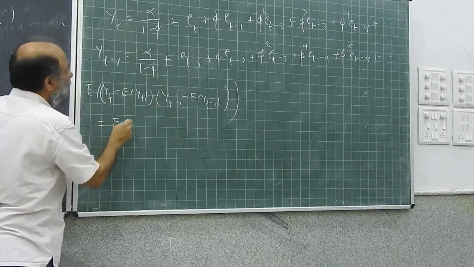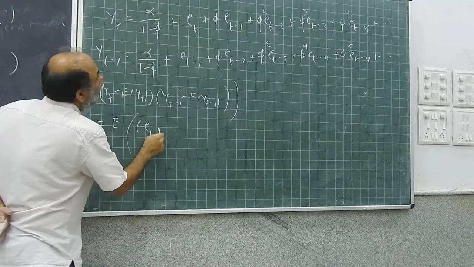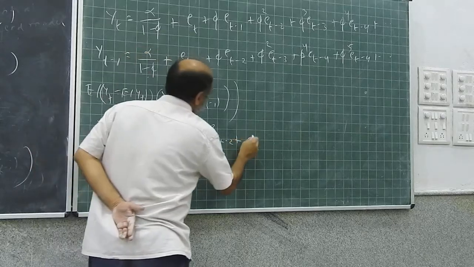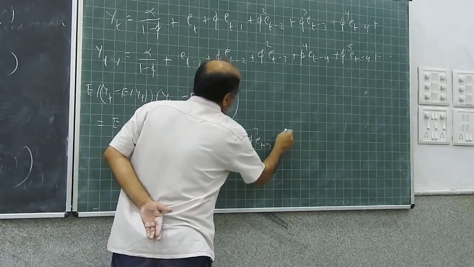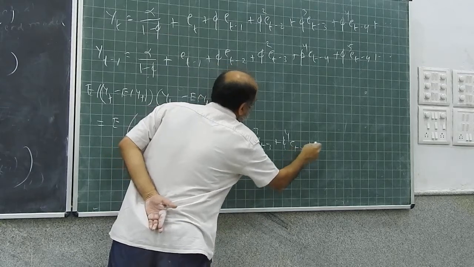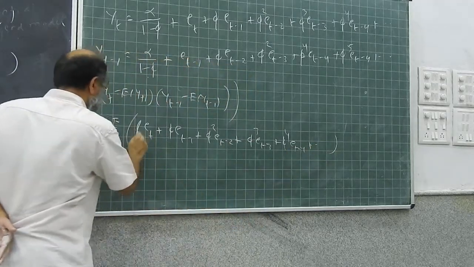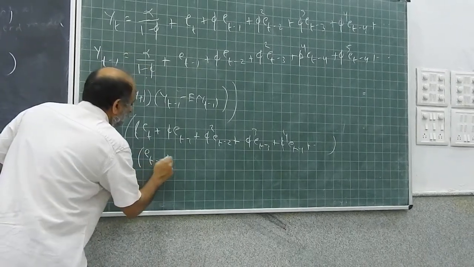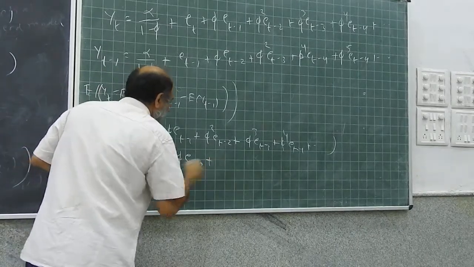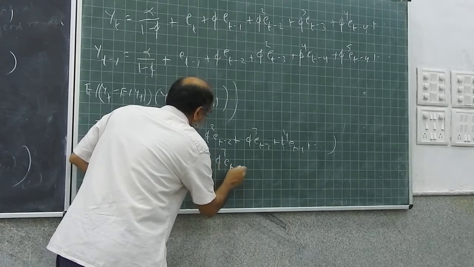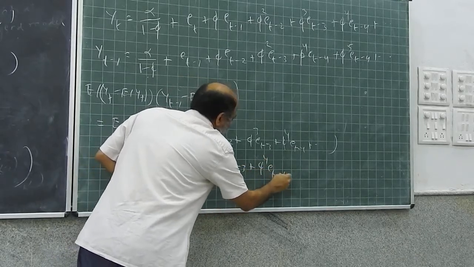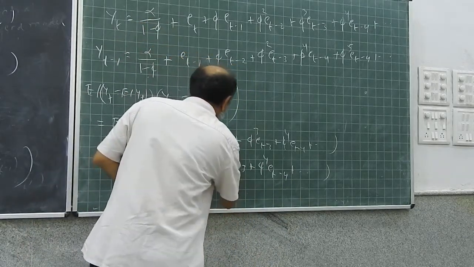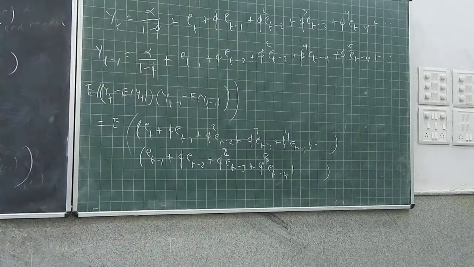Right? So this would be expectation of e_t, this term, into e_{t-1}, phi e_t, phi square, phi cube and so on, right?